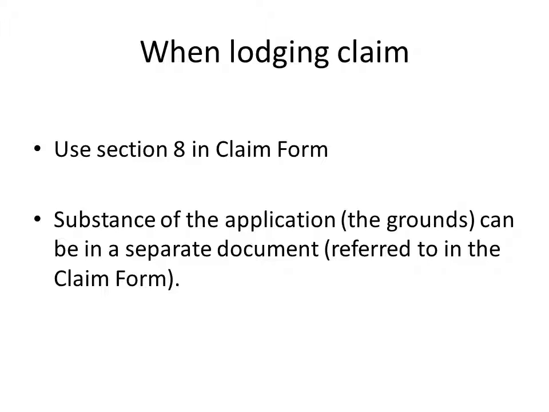So what you do then is you refer to the separate document in the claim form. On the claim form you'd say, I'm applying for an interim injunction. Please see the grounds on my application, which are contained in a separate document, and then you identify that separate document.